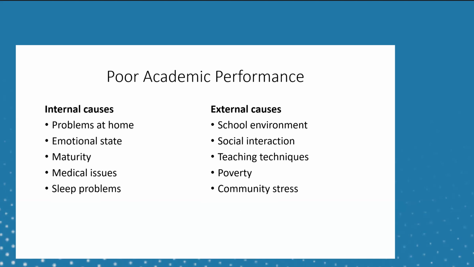So there's all kinds of things that can negatively impact academic performance. When we start looking at this through this lens, think of some of the internal causes that may be going on in that student's life. So we need to consider it could be mental health problems. It could be an undiagnosed learning disability.